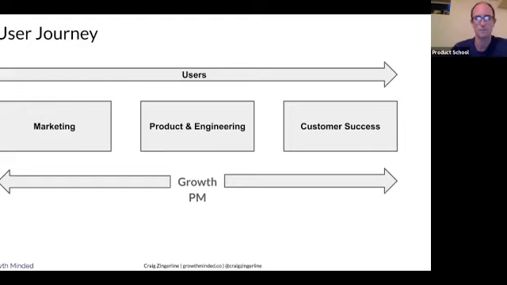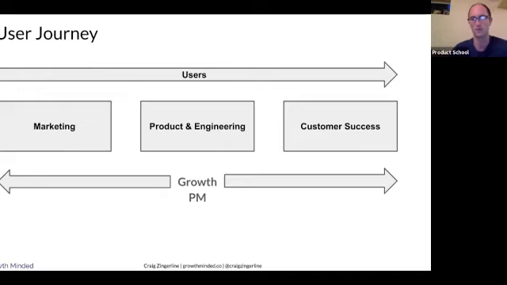So the top line here is the user journey. Users cross marketing, product, and customer success. The marketing team is generally responsible for getting people to the site or the property or the app or whatever you might have. So marketing is really responsible for that demand generation. And then product engineering is the middle of the funnel, making sure that customers are using the product, that the product works, that they love the features, and that they're obviously providing feedback.